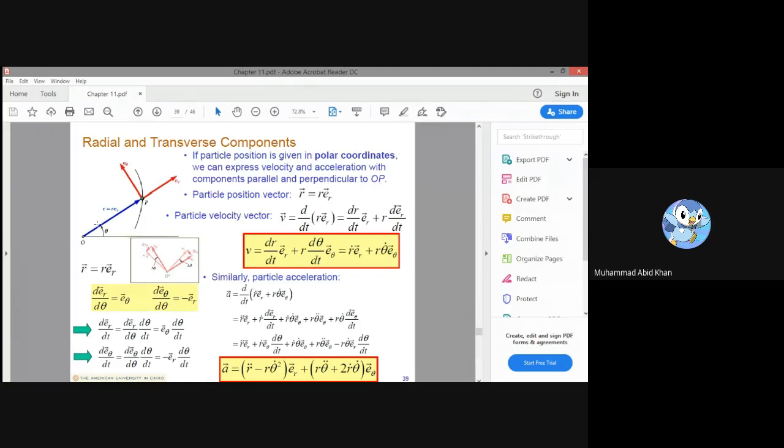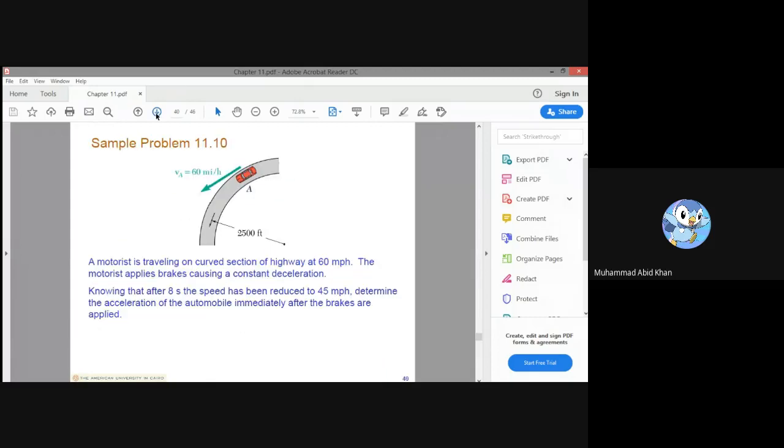The particle position vector is here and the particle velocity vector equation is here. The similar particle acceleration equation, I attached all these equations here. You can get the knowledge.